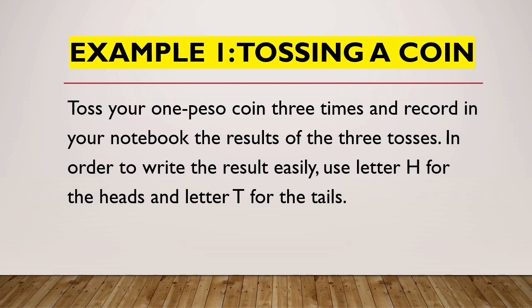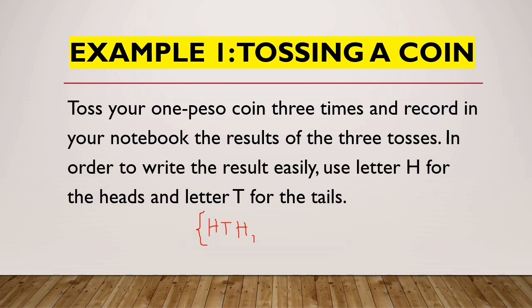So you have here the first outcome as H, T, H. So this is the first outcome. Of course, we have here the sample space. Another one, if you do it again and again, since it is an experiment, you can do it more than once.